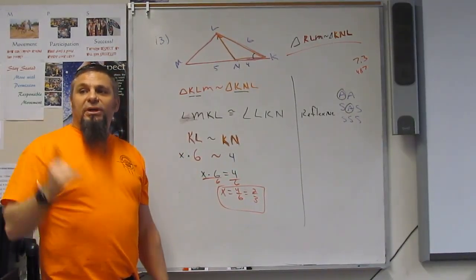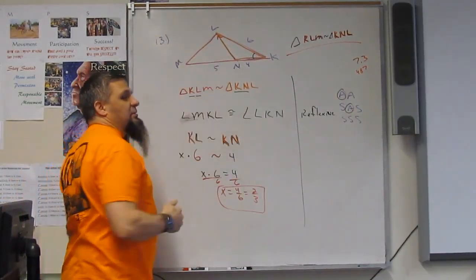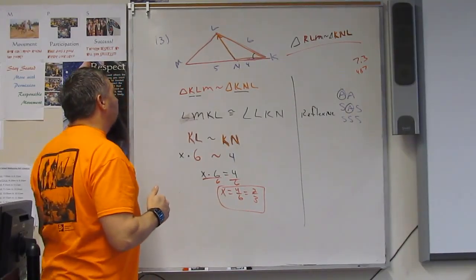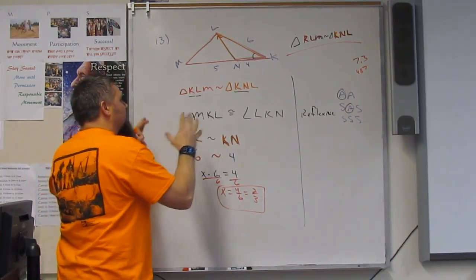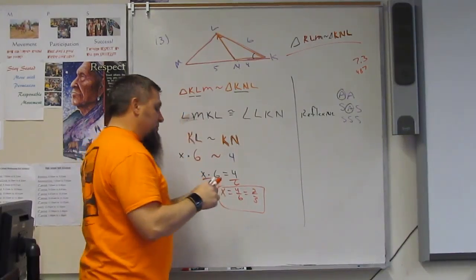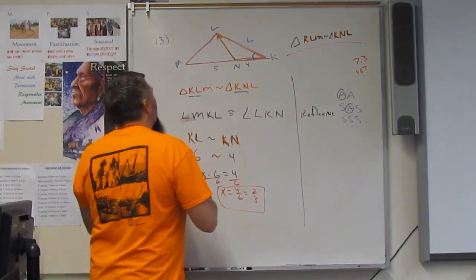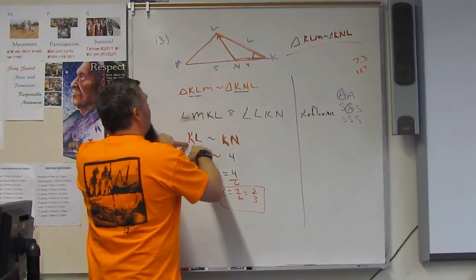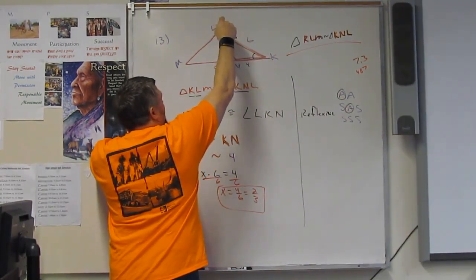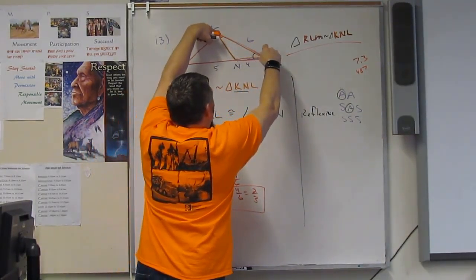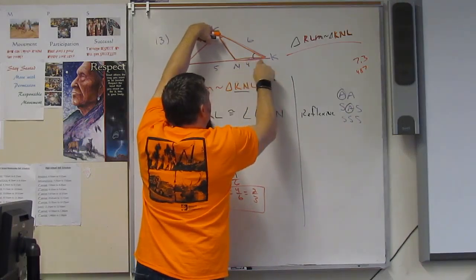Now I need to prove it. Does it work on the next one? It has to work on two sides. So let's think of this. The first side we looked at is KL, and this side, right?